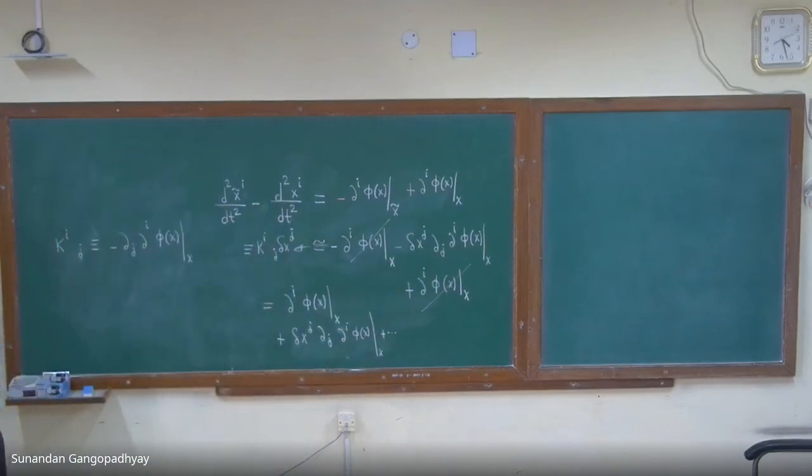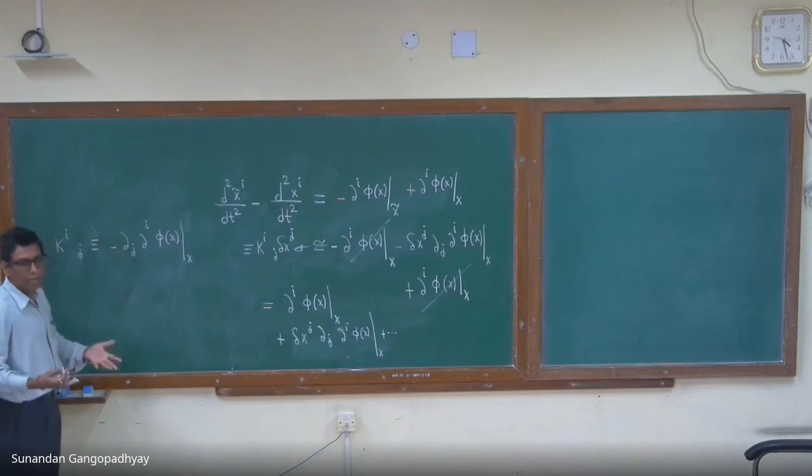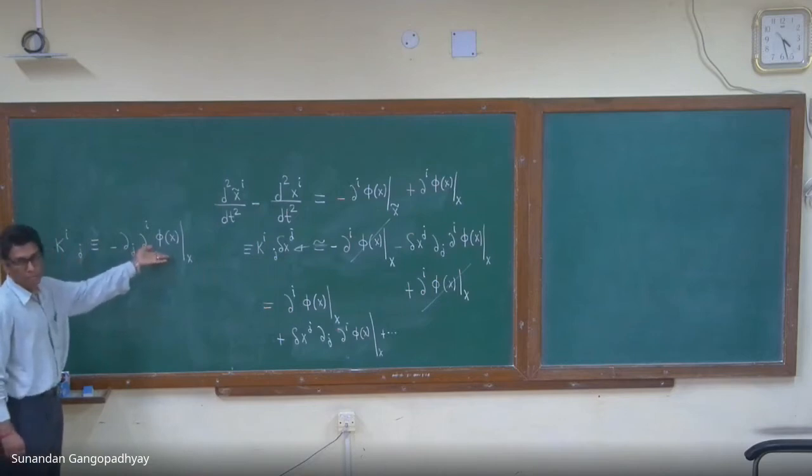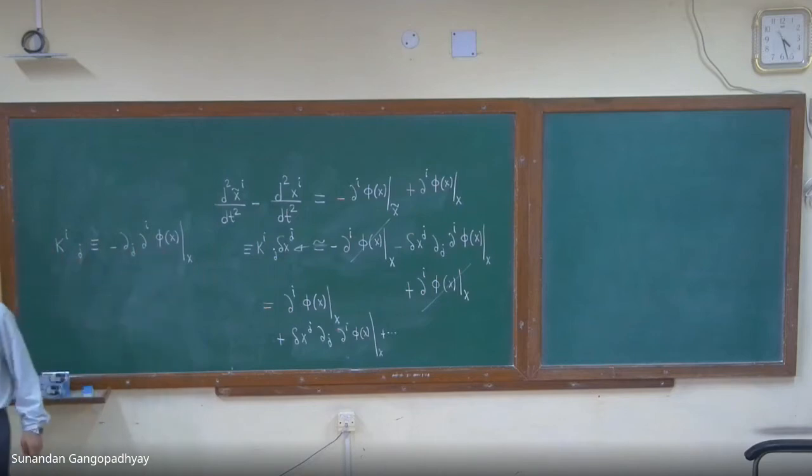So you can see the similarity. There you have R A B C D, which is the Riemann curvature tensor. Here you have the Riemann curvature tensor basically describing the gravitational field. Here you have this thing, phi of x, which describes the gravitational field. Good.